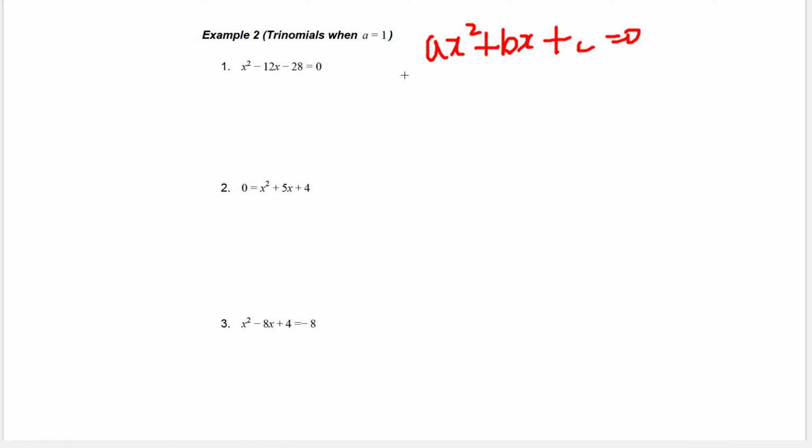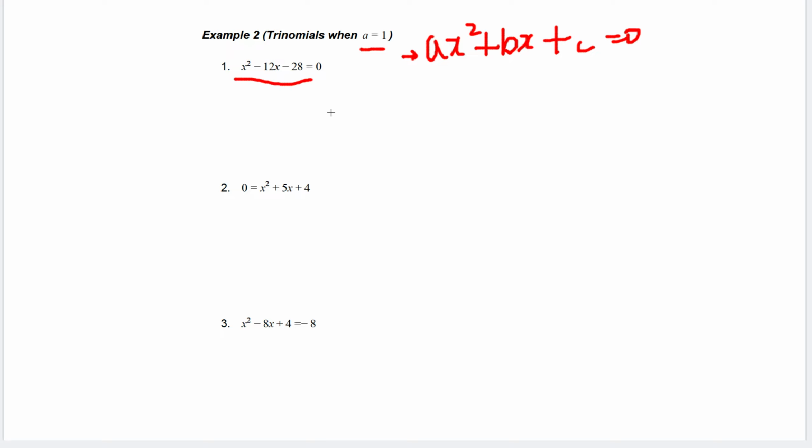So a equal 1 means the coefficient of x squared is always 1. So that makes the problem easier.